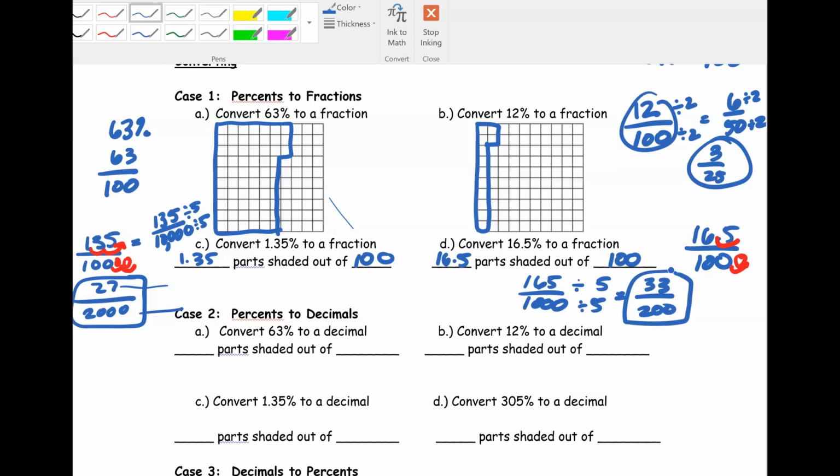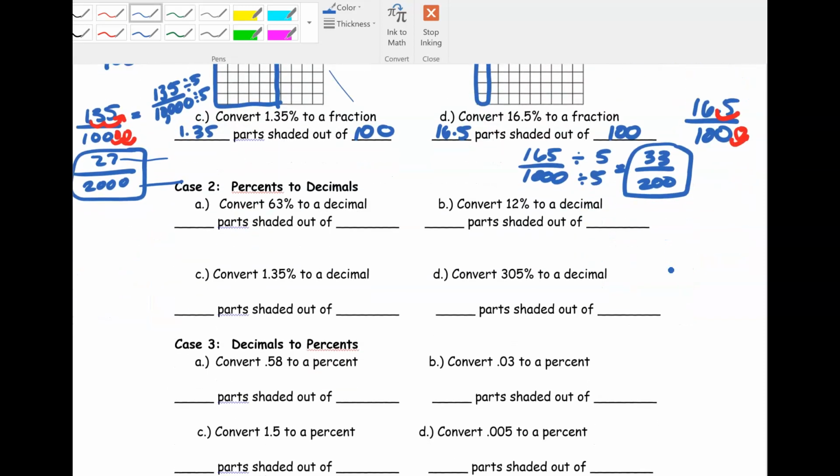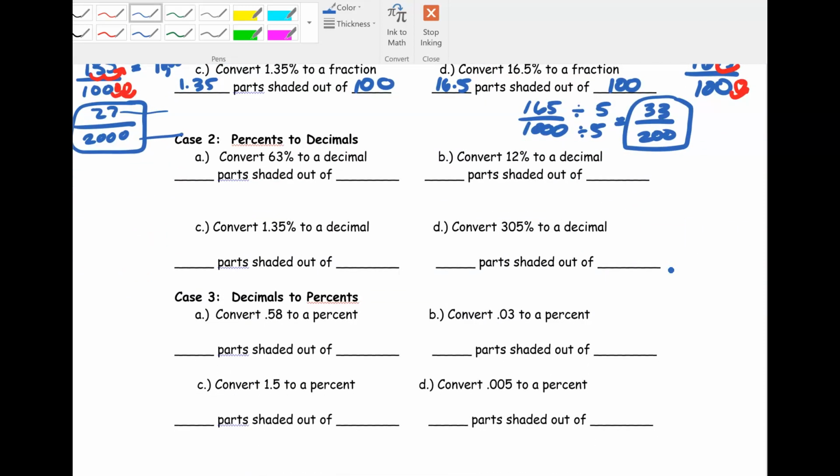Okay, and then next, case 2, so percents to decimals. So how do you go from percent to decimal? 63% would be 63 out of 100, which means that it's 63 hundredths, which means 0.63.